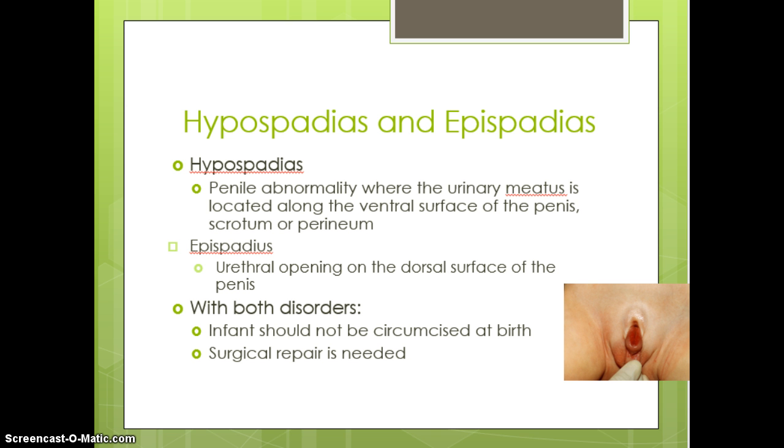We have seen this in a couple of clinical rotations that I've had students in, and oftentimes the infant will see a urologist, and they will set up if it needs to be surgically repaired. If it's a large defect, then it will require surgical repair, and then we're going to wait on doing circumcision until this area can be repaired.